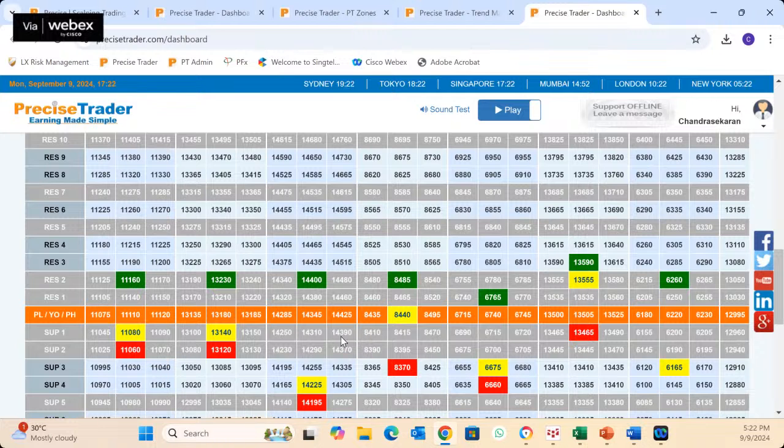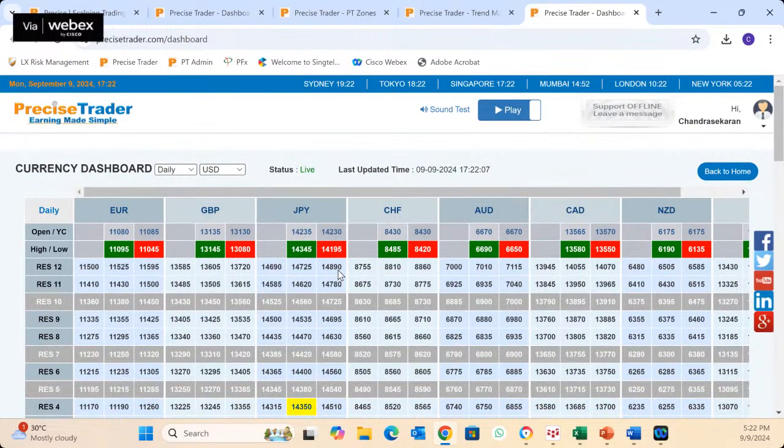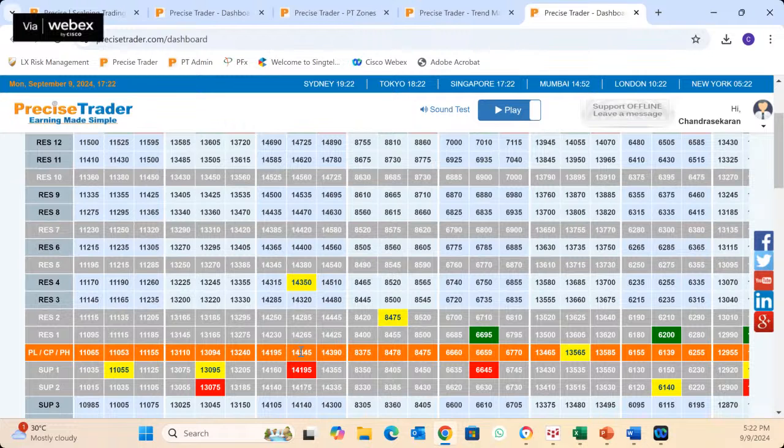So these are my target levels. That means if I'm going for a buy, I should exit before 143.70, 143.90 or 144.25. So now I have an answer for the target.